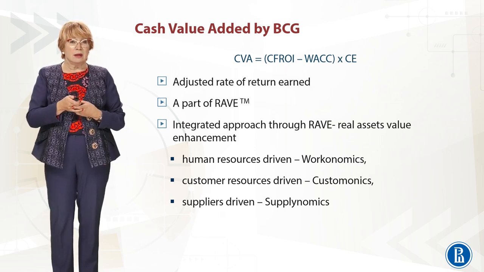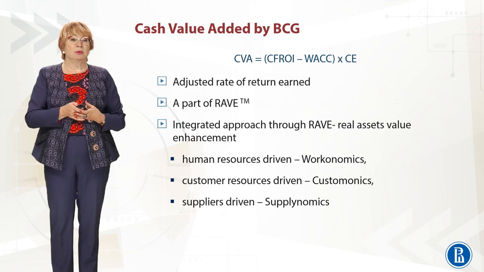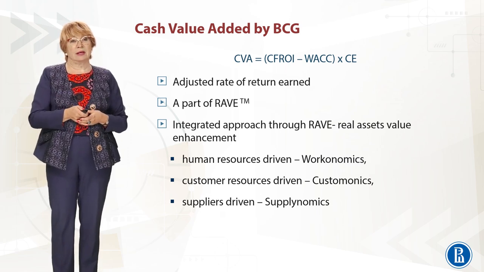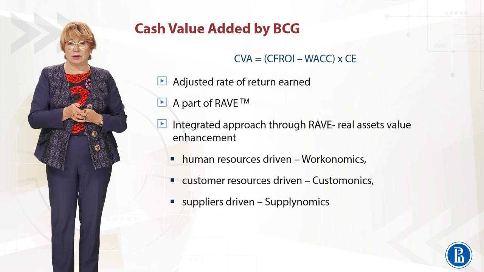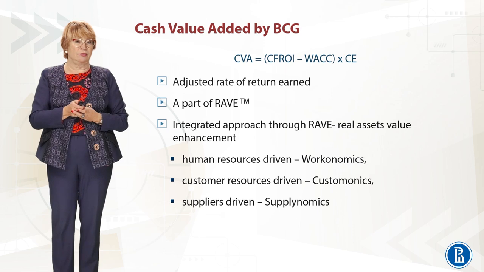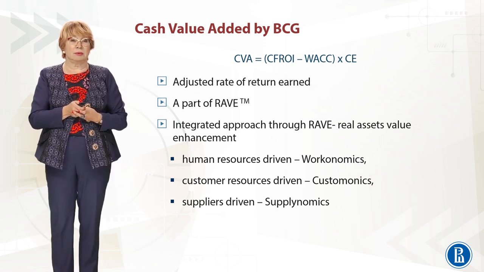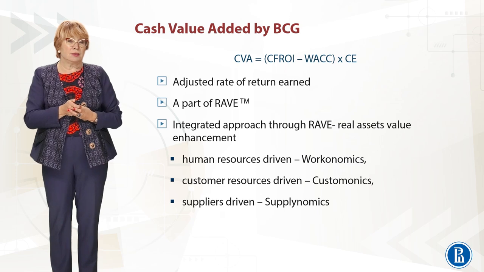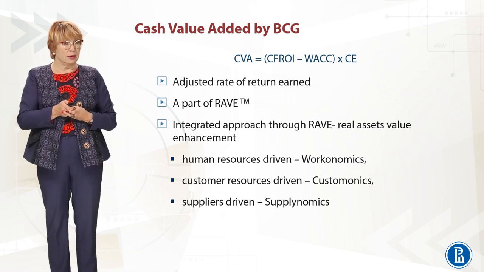So that's why some specifics of that model are on that slide that I pointed out. We have the so-called adjusted rate of return that the company really earned, instead of simply taking the rate of return from the financial reports as return on capital employed, let's say, as we did for residual income calculations.